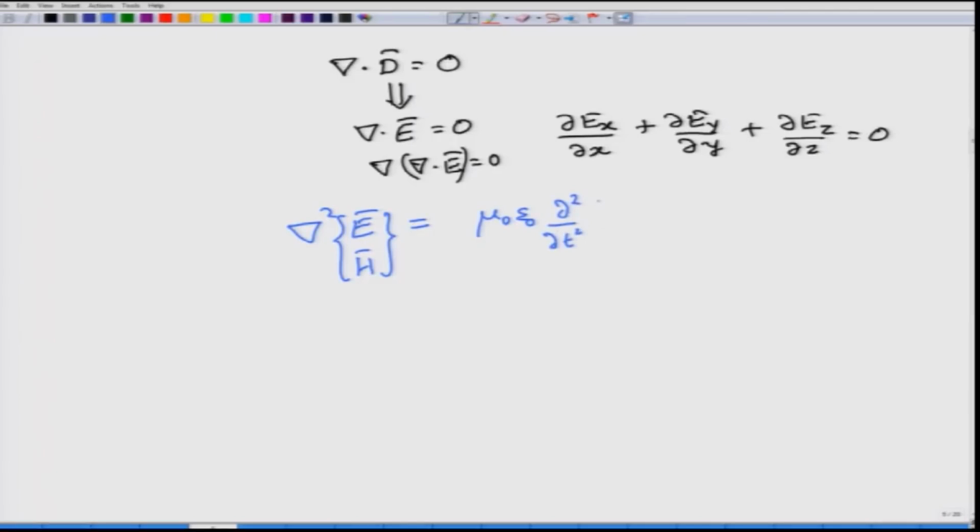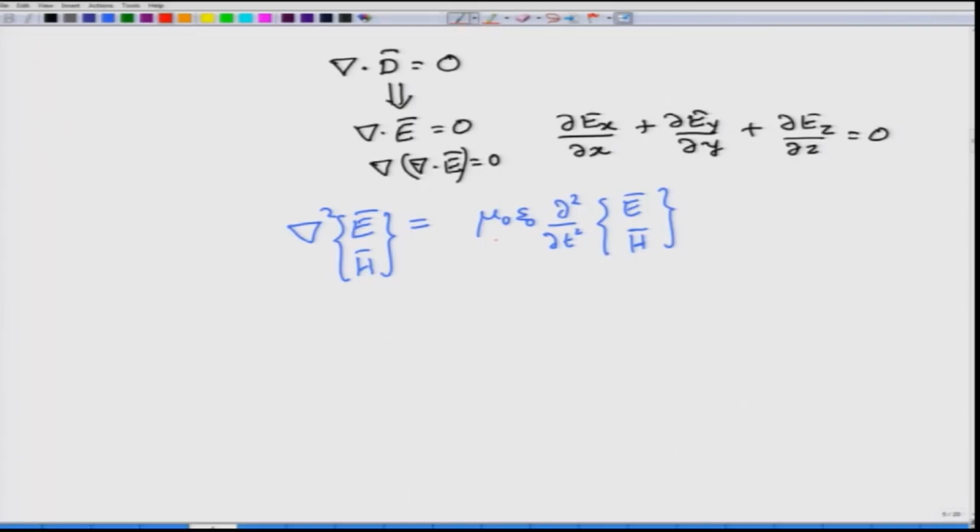The way I have written the equations is slightly standard in optical fiber textbooks. What it means is that this del square applies both to electric field and to magnetic field, but separately. So, one way to read this equation is del square E equals mu naught epsilon naught del square by del t square times E, and del square H is equal to mu naught epsilon naught del square by del t square times H. Okay.